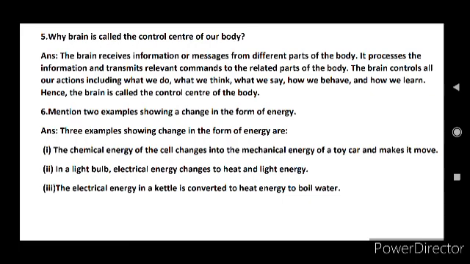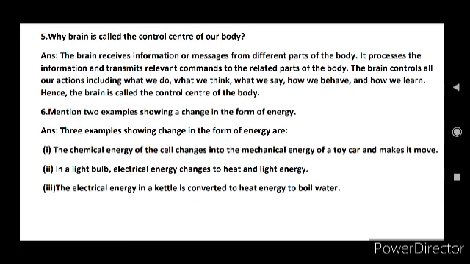The brain controls all our actions, including what we do, what we think, what we say, how we behave, and how we learn. Hence, the brain is called the control center of the body. The brain acts like a computer.